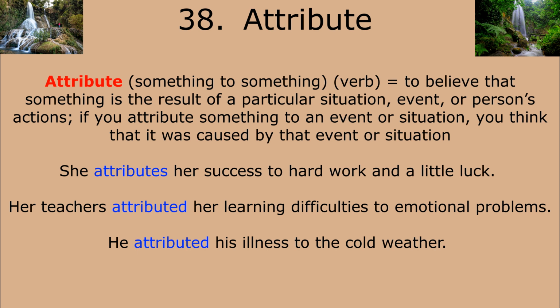If you attribute something to an event or situation, you think that it was caused by that event or situation. For example, she attributes her success to hard work and a little luck. Her teachers attributed her learning difficulties to emotional problems. He attributed his illness to the cold weather.